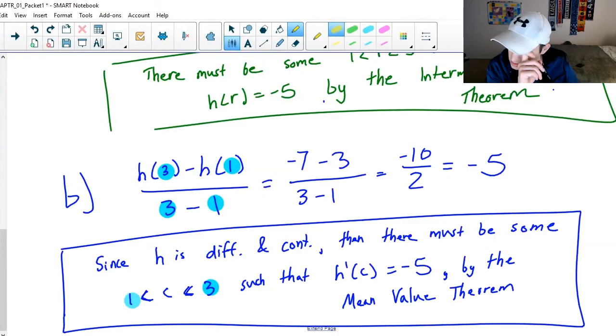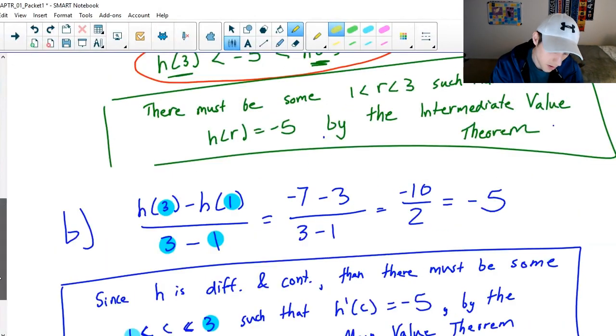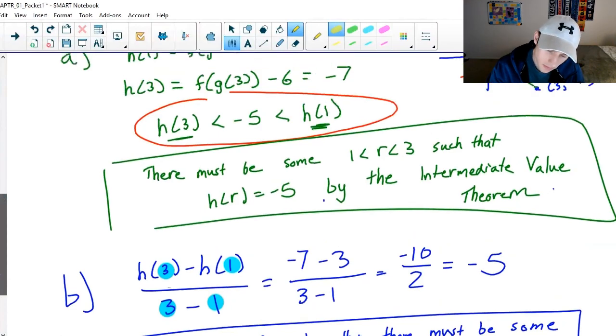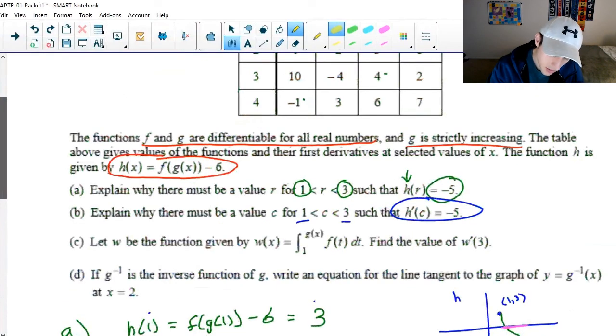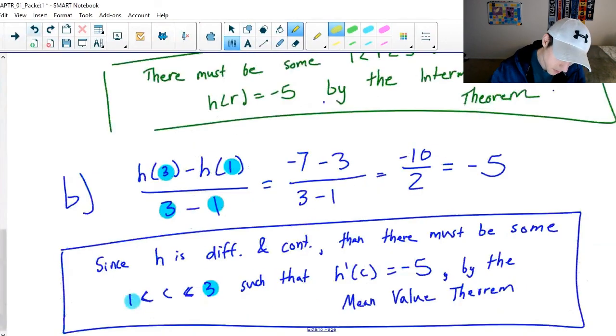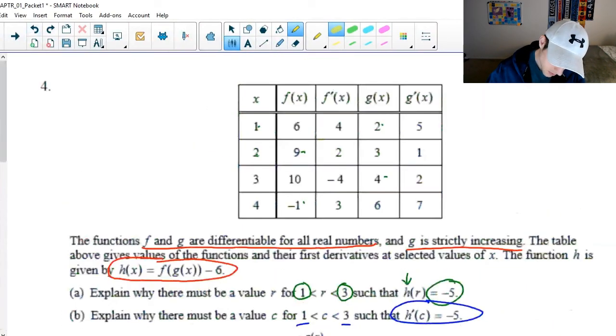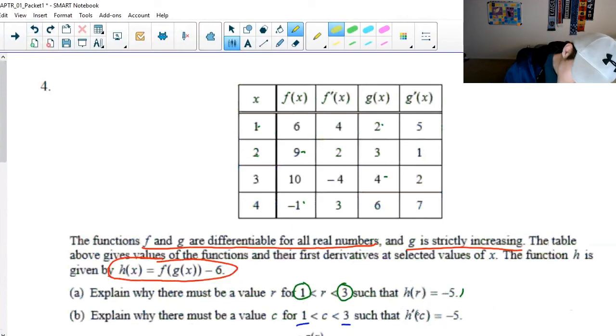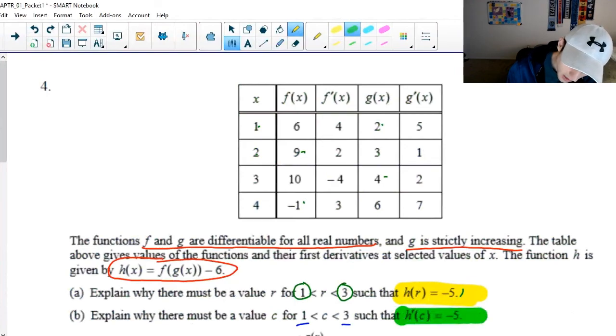I think typically there's a lot of confusion of mixing up when to use which theorem. Okay, here's the best way of how to know. Now this sounds like a stupid tip, but look at what the question is asking.